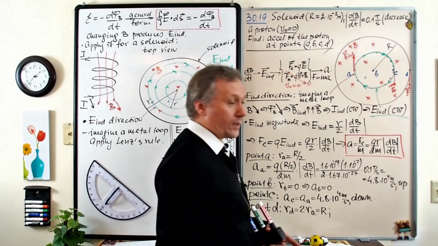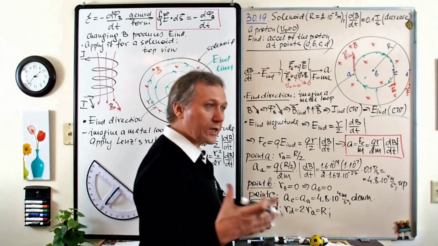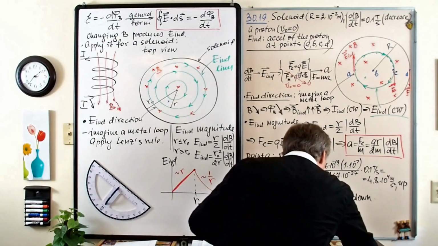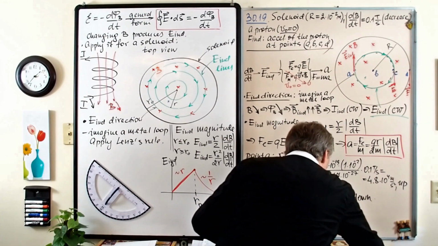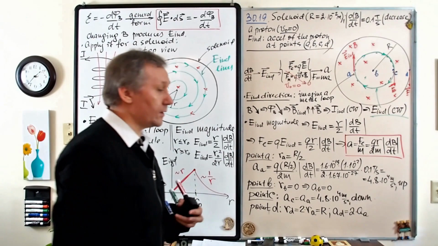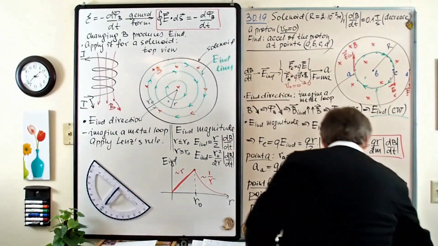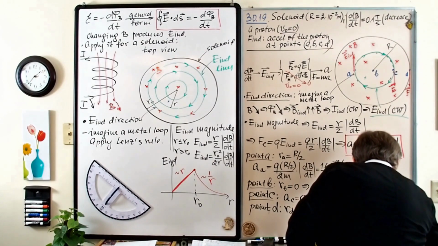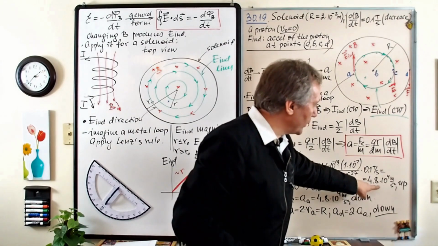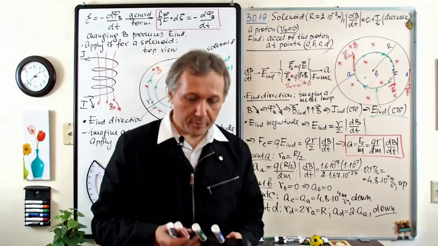As a result, acceleration at point D will be 2 times acceleration at point A, and the direction will be again downward. So it will be 9.6 times 10 to the power of 4.